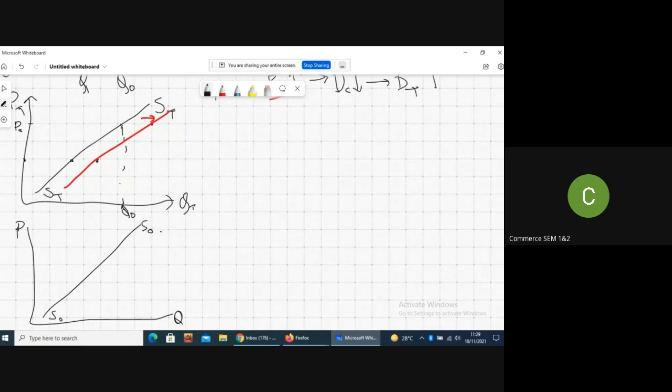Now say I'm saying that technology of production improves. Then how will this supply curve change?